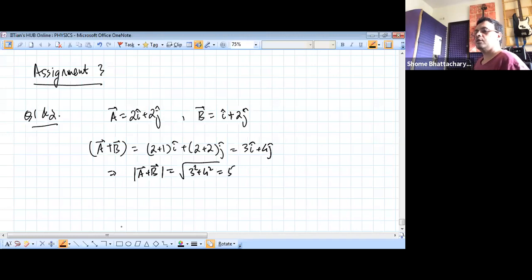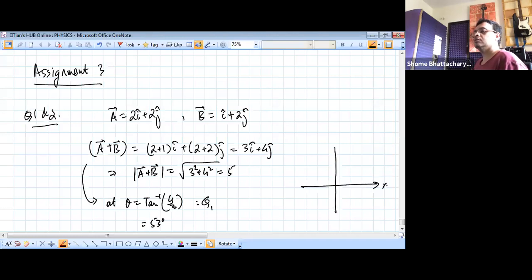And now you'll also understand that theta is equal to tan inverse of the y component over the x component, that is 4 by 3, in quadrant 1. So that is nothing but 53 degrees. Because if you draw the vector, A plus B will look something like this.